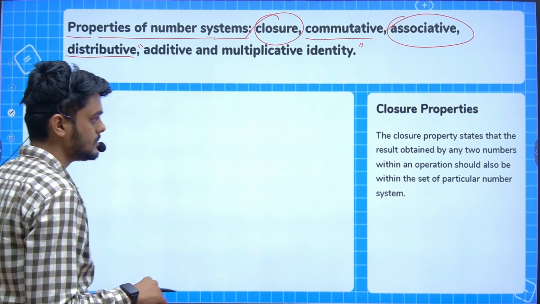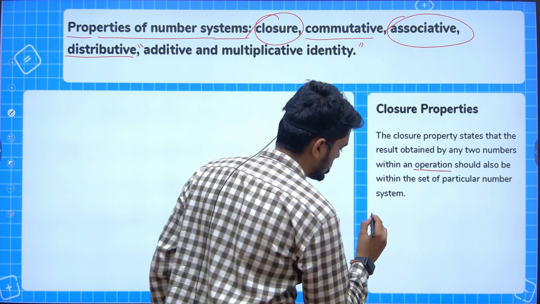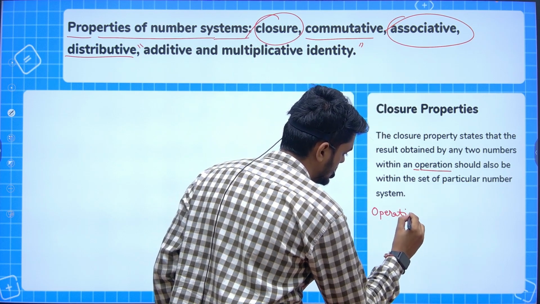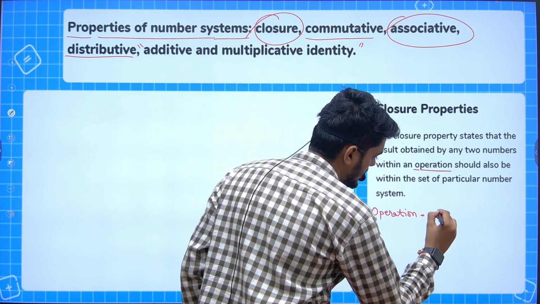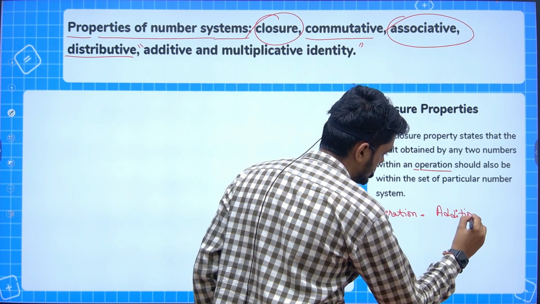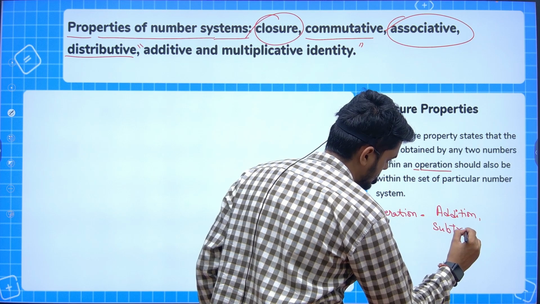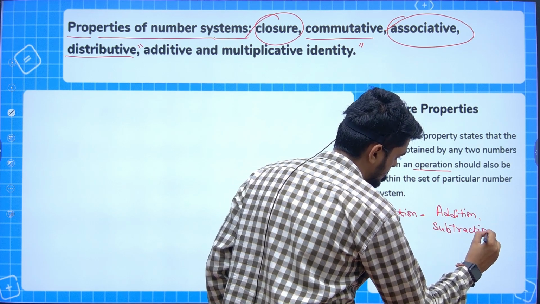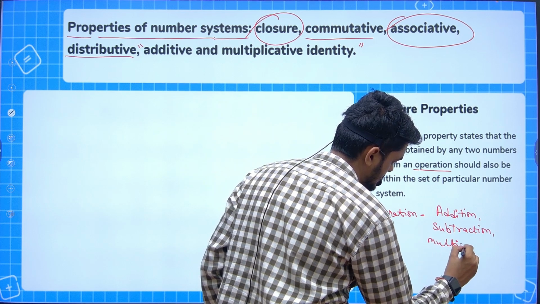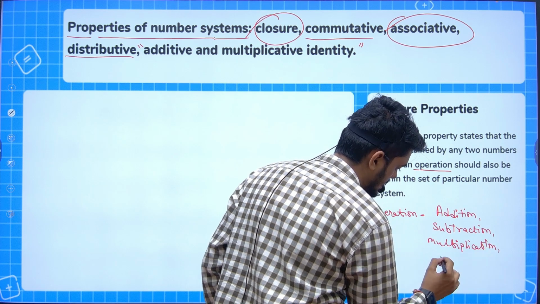One more thing, wheresoever you will look for the word operation, here operation means it could be addition, subtraction, multiplication, and division.